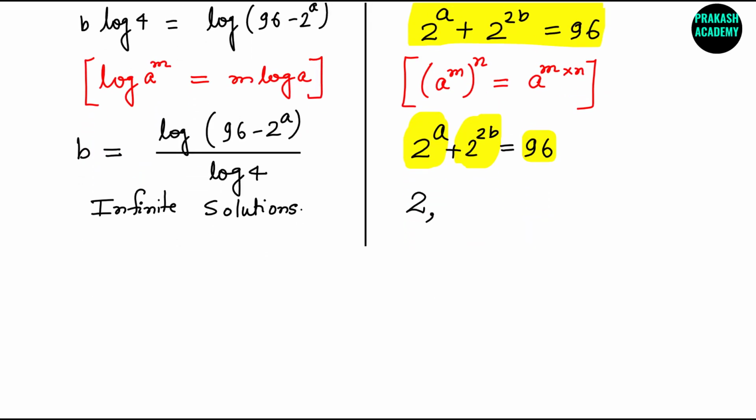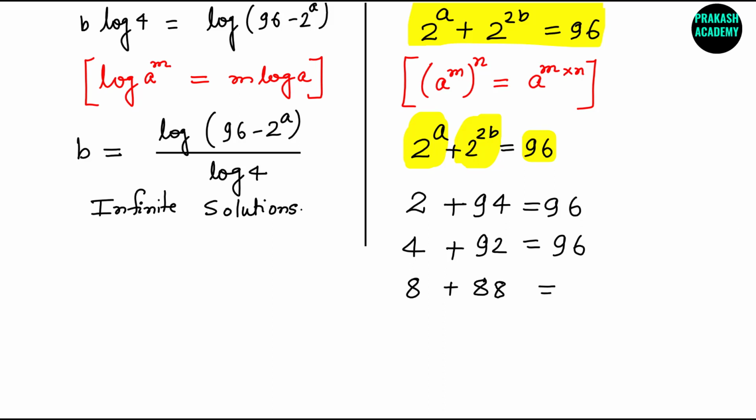So 2 raised to the power 1 is 2, and 2 plus 94 is equal to 96, one possibility. Then you can have 2 raised to the power 2, that is 4, and 4 plus 92 is equal to 96. 2 raised to the power 3, that is 8, and 8 plus 88 is equal to 96.